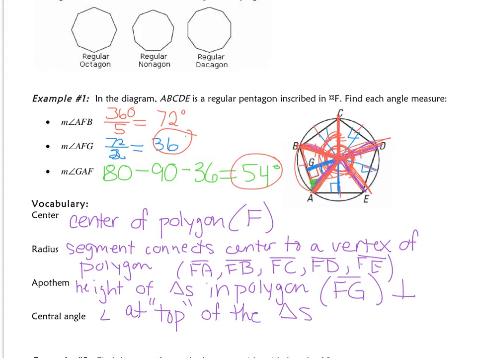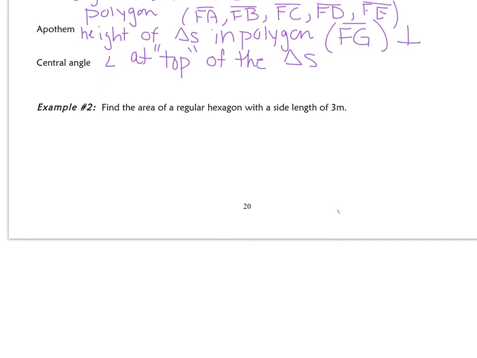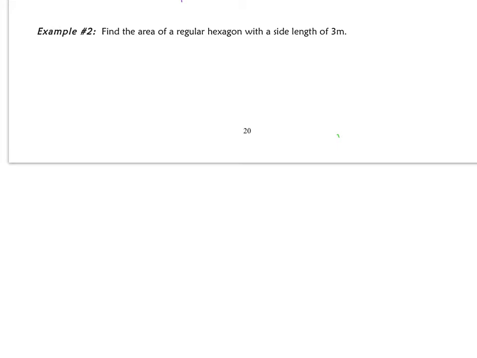Okay, so that brings us to our first real example of finding the area of a regular polygon. The first thing we're going to do here is read how many sides our shape has. We're finding the area of a regular hexagon, which has a side length of 3 meters. Hexagon, the X in it, remember that has an X just like the number 6, so we have a 6-sided regular polygon.